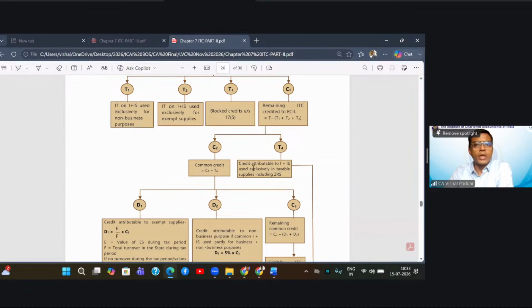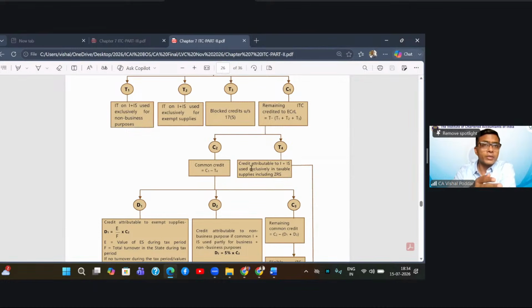But what is T4? T4 is the credit which is attributable to those inward supplies which are used exclusively for making outward taxable supplies. Now you will say, sir, but why are we subtracting this? Anyway, this T4 is exclusively for taxable outward supplies, so we are eligible for this ITC. Yes.